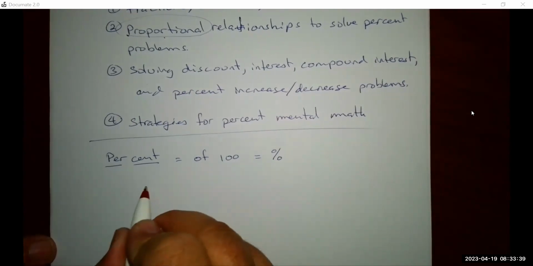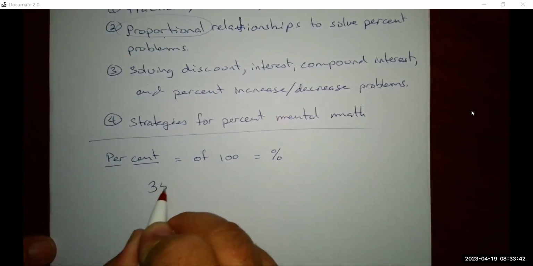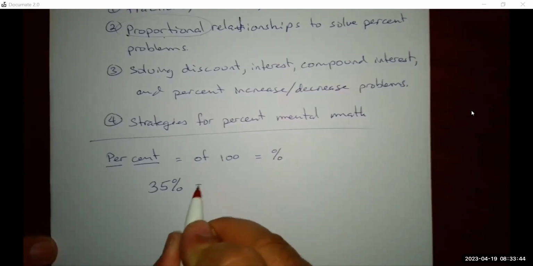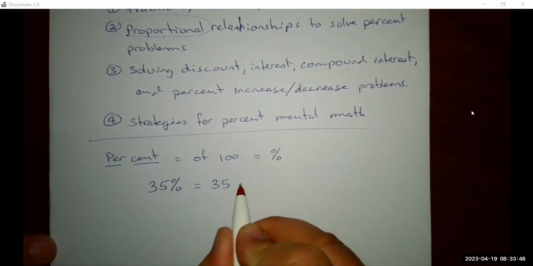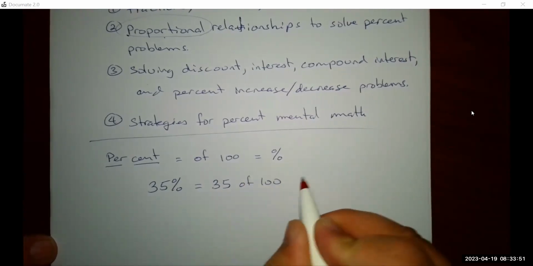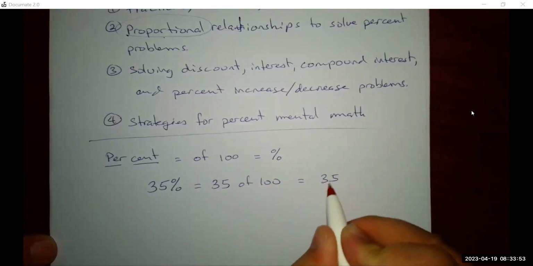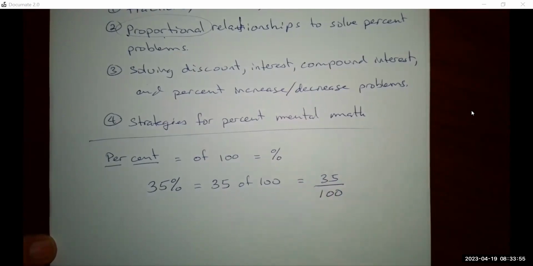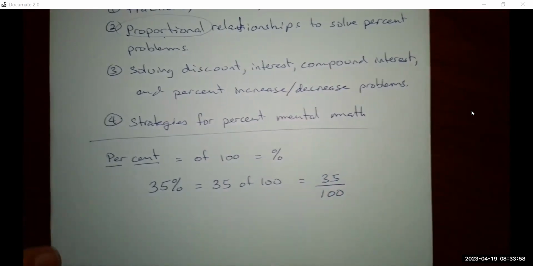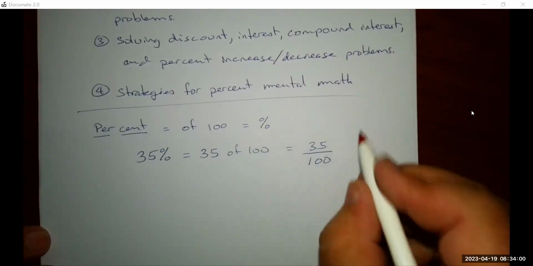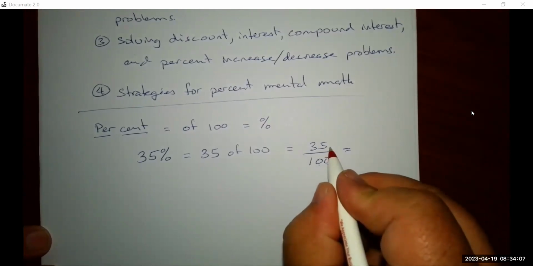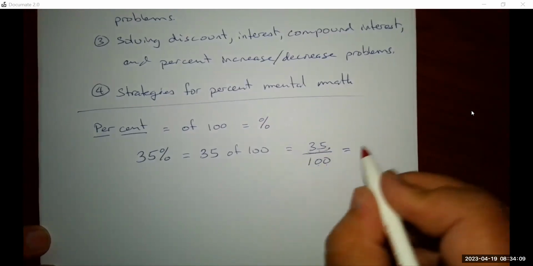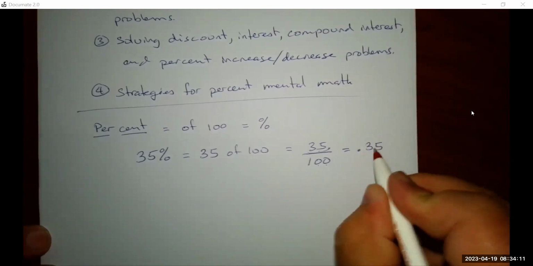So basically all it means is, if we have 35%, that's 35 of 100, which means 35 over 100. Since it's over 100, that means we move the decimal 2 spaces. The decimal is after the last number, so it equals 0.35.